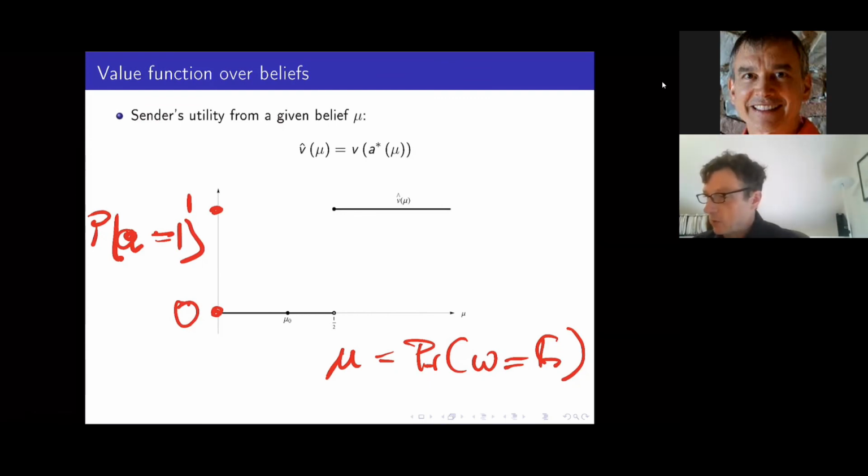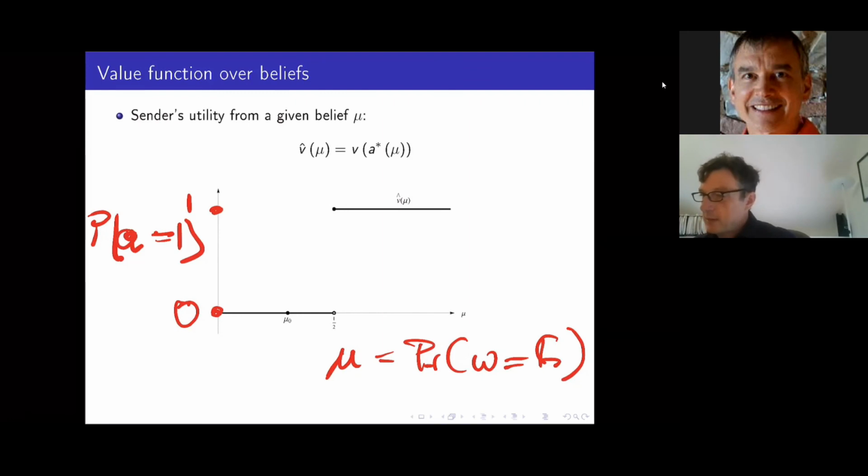That's action 0. On the other hand, if we move to 1/2 or above, at 1/2 we're indifferent, so we might as well convict. If we move to 1/2 or above in terms of the posterior probability mu, then we're going to convict, and we're going to get to an action that is 1. Okay, good.